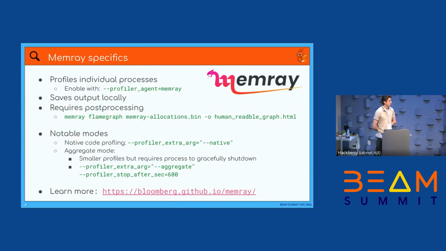Sometimes it can be as big as a few gigabytes per hour of running the process. If you run Memray in an aggregate mode, it does some counting for you. But the catch is that the process needs to shut down gracefully. And that's not something that often happens in the data processing pipeline. The runner might decide that it's time for your worker to be shut down and tear down the whole VM. So using the aggregate mode is not as straightforward.